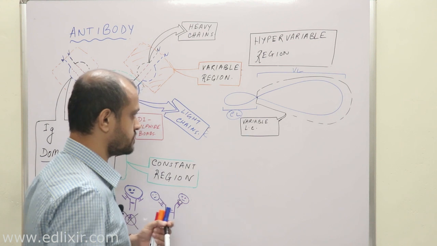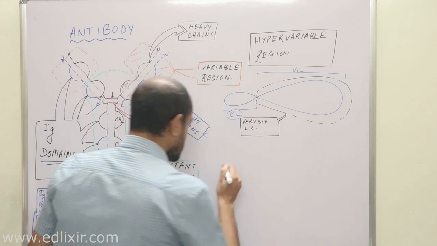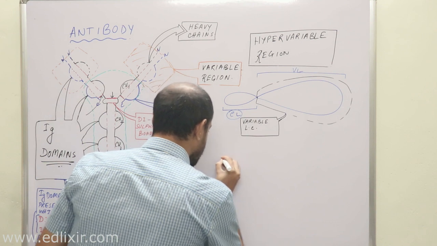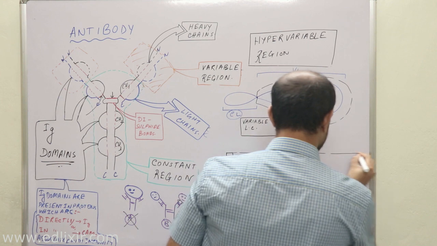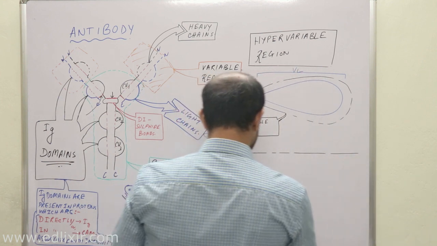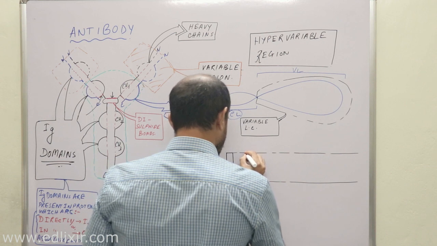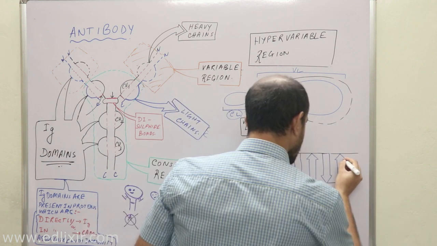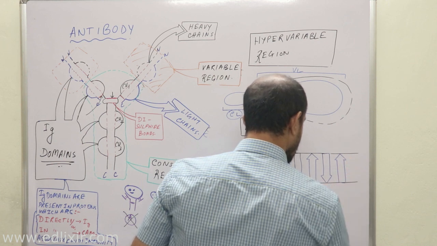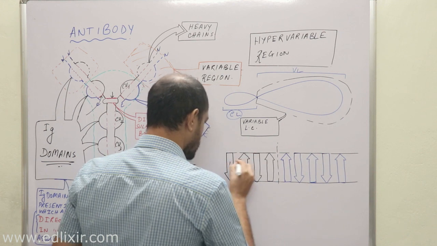This variable light chain actually has 9 beta pleated sheets. So we have got 9 beta pleated sheets, right?